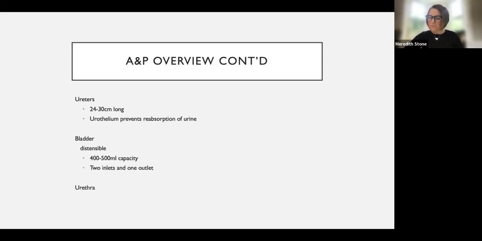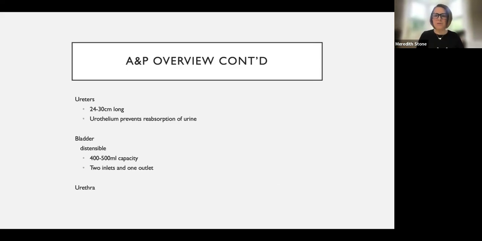Okay. Now, your ureters are quite long if you think about it, right? And this is what prevents the reabsorption of urine, right? Everything that's filtered through, all the water, is not excreted.